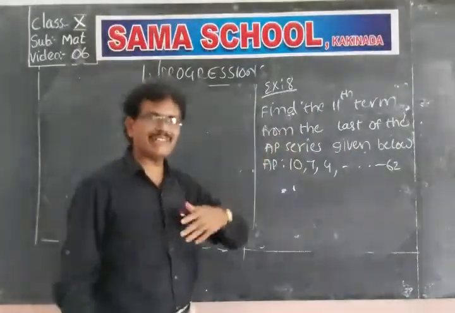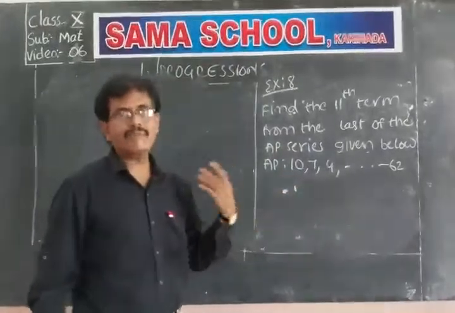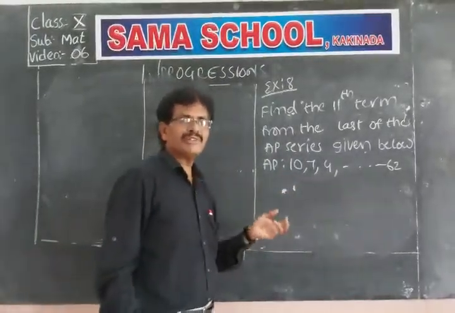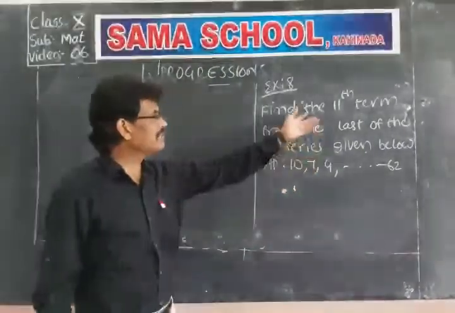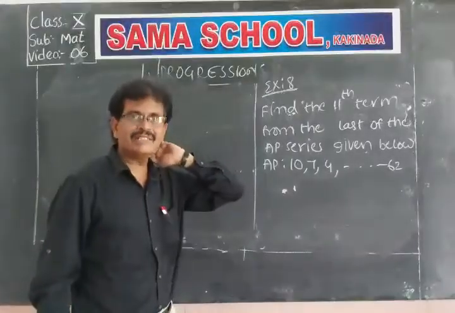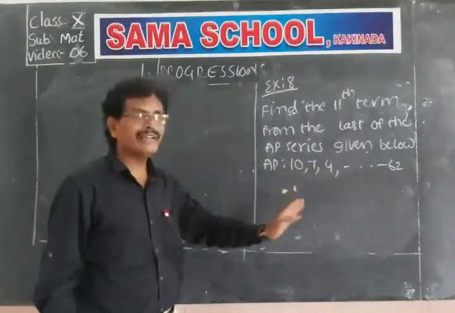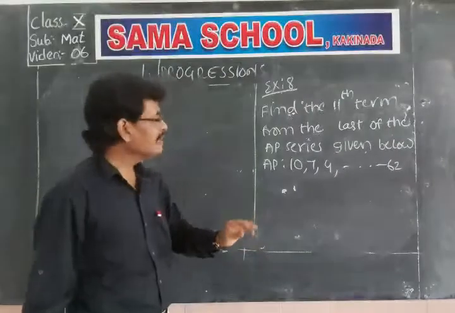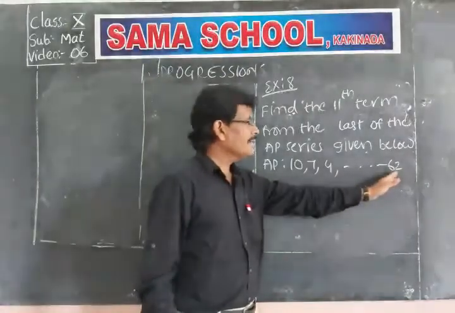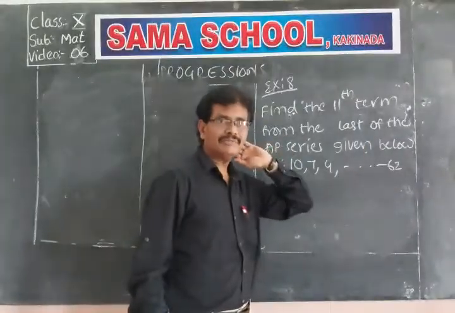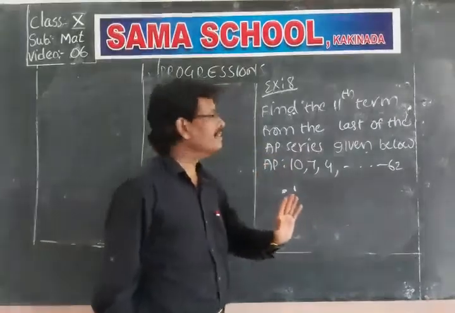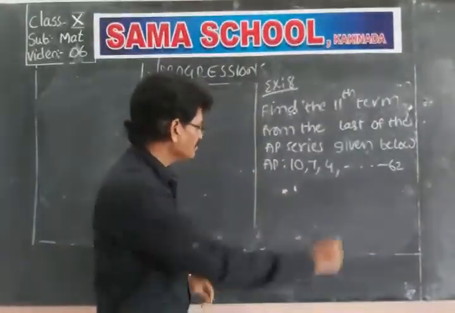From the first means directly we can use A, we have the common difference. By substituting those two values in A plus N minus 1 into D, easily you can find the 11th term. But now we should find the N value, how many terms are there. So that we are finding now.